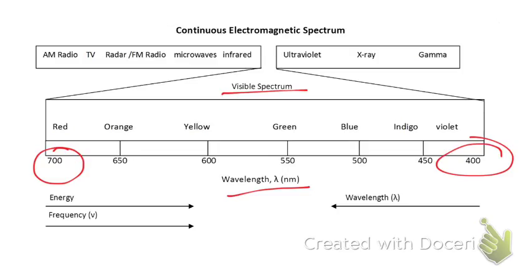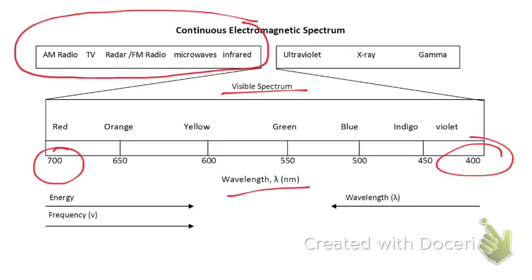Now, all the other forms of electromagnetic spectrum, from radio to infrared, we cannot see with our eyes. We don't have the capability. Our brain cannot see those wavelengths and interpret them as any particular color. The same thing with ultraviolet, X-ray, and gamma rays. Our eyes are incapable of deciphering color from those wavelengths.